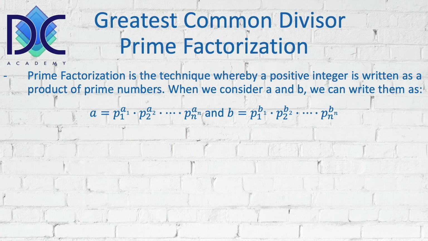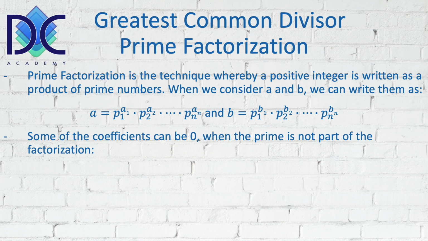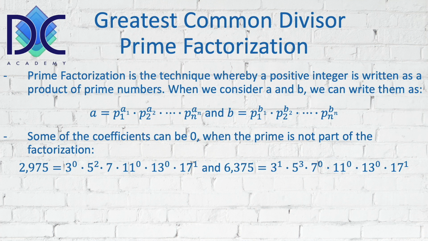We can do the same for b, and some of those parameters, powers in this case, ai or bi, can be zero when the prime number is not part of the factorization. So let's have a look at how we do this when we have two numbers.